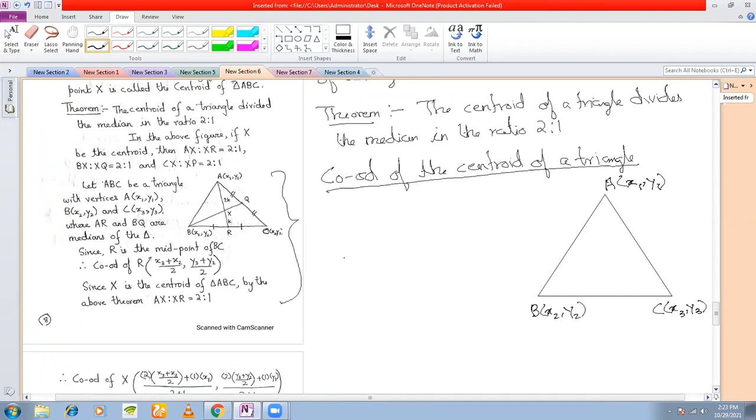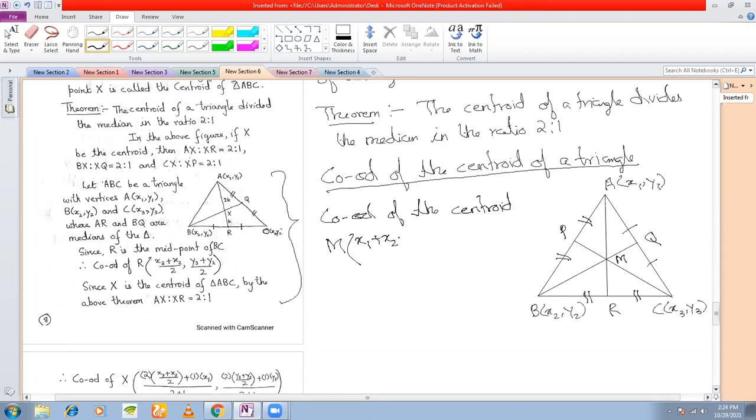If you know the coordinates of the vertices of a triangle, you can directly write the coordinates of the centroid M. If M is the centroid of the triangle, the formula is (x1 plus x2 plus x3) divided by 3, (y1 plus y2 plus y3) divided by 3.